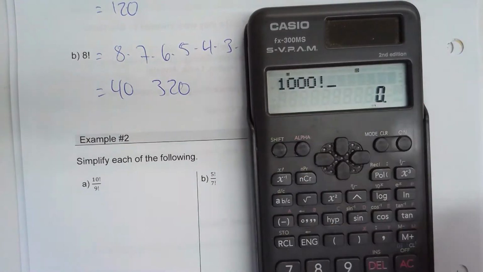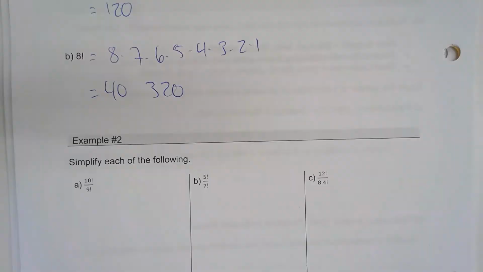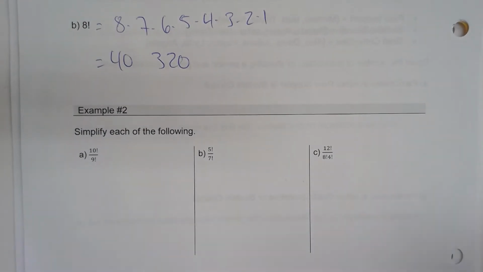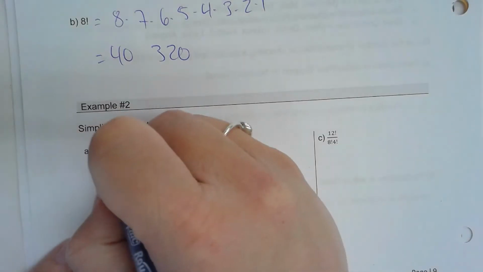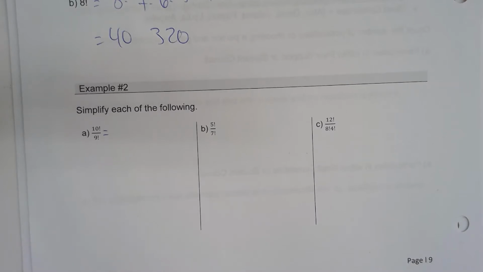It says math error because that number is going to be really, really big. It's just too big for my calculator to handle. So there will be times when we do kind of have to do this by hand, or at least think it through by hand and then finish it off with the calculator. So that's kind of my segue into here, where we're going to think about this a little bit instead of just going straight to our calculators.